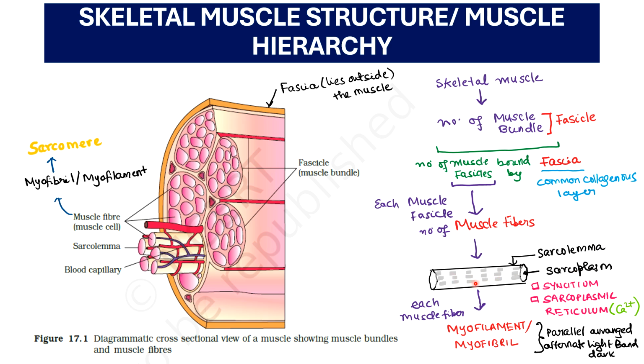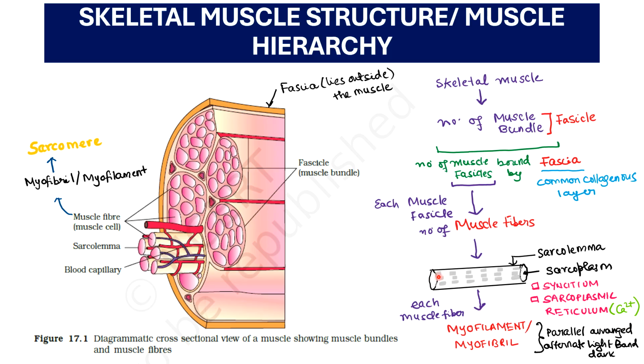The protoplasm shows the presence of multiple nuclei, also known as a syncytium. Also, a special type of endoplasmic reticulum is present, known as the sarcoplasmic reticulum. This contains calcium (Ca2+) ions, which are responsible for muscle contraction.